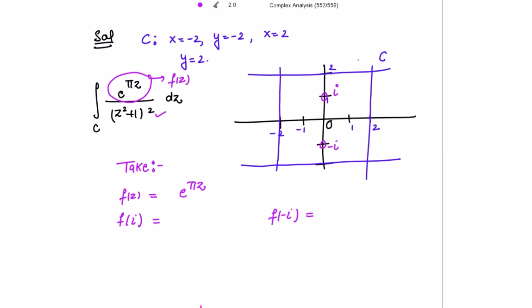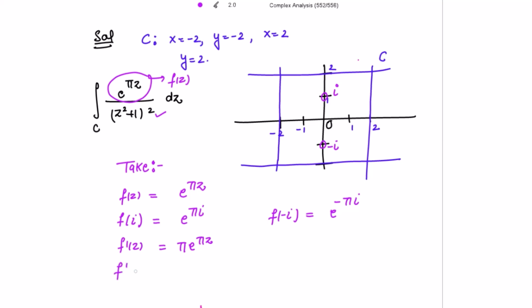Because of the square we also need the derivative of f(z) according to the formula. What is the derivative of f(z) with respect to z? It is e to the power pi z into pi, and f of iota is e to the power pi iota. f of negative iota is e to the power minus pi iota, right?